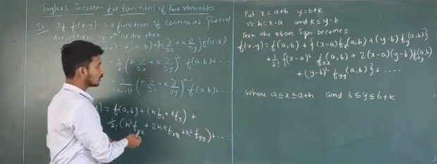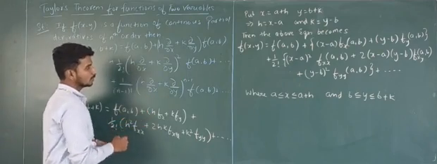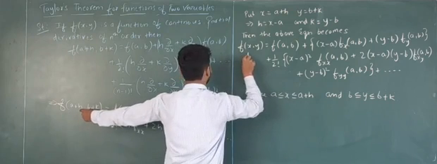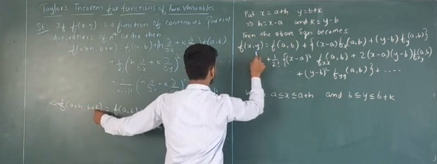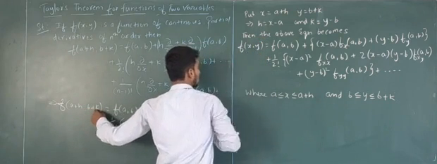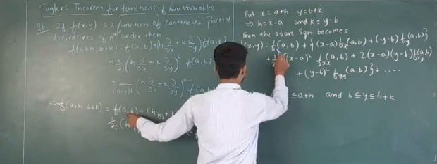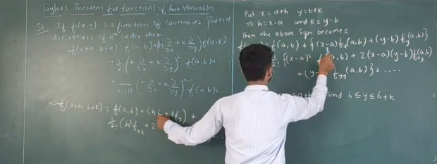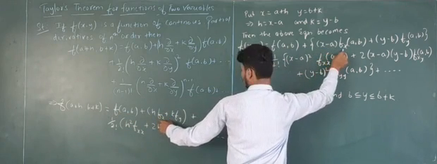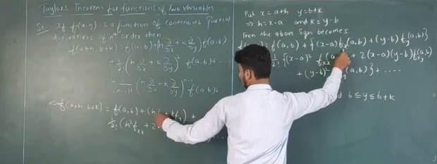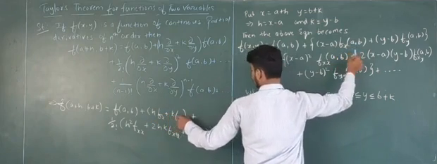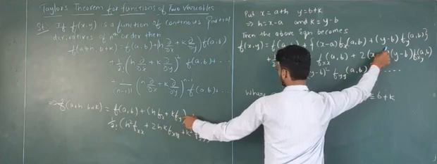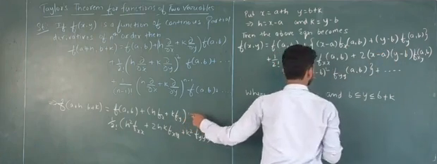Then the above equation becomes f of x comma y, since instead of a plus h we have taken x and instead of b plus k we have taken y. So it is f of a comma b plus, instead of h we have taken x minus a, into the function with respect to x of a comma b, plus instead of k we have taken y minus b, the function of a comma b with respect to y.